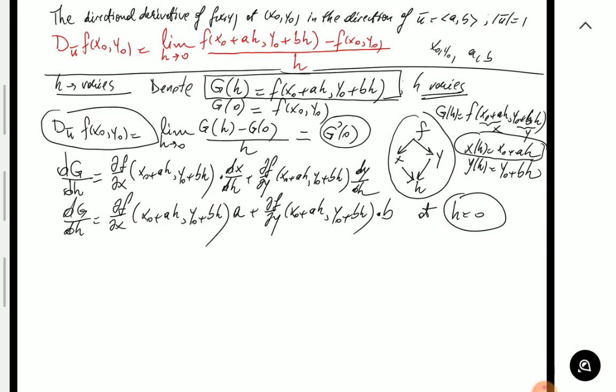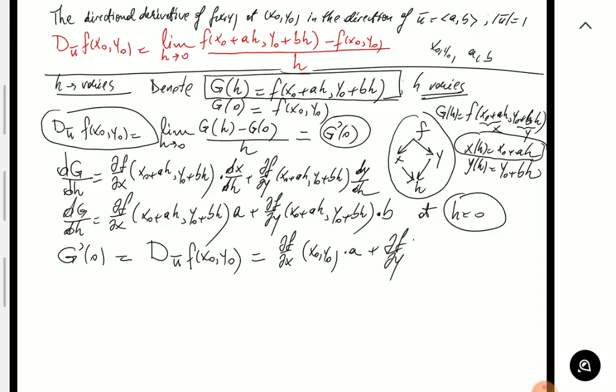So g prime of 0, which remember was the directional derivative of f at the point x naught y naught, is nothing but partial f partial x at the point x naught y naught, because h equals 0 makes it x naught y naught, times a, plus partial f partial y at the point x naught y naught times b.